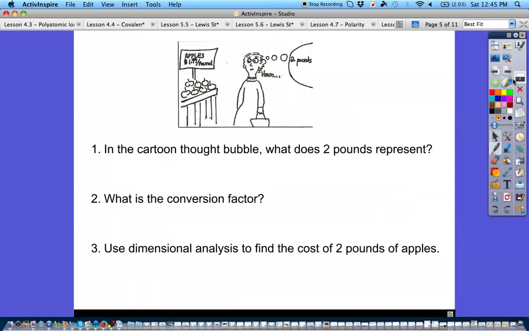So you actually see conversion factors all the time. Here's an example at the grocery store. Apples are $1.99 per pound, and we have a woman here, and her thought bubble says 2 pounds. What does 2 pounds represent? How much the woman wants to buy.